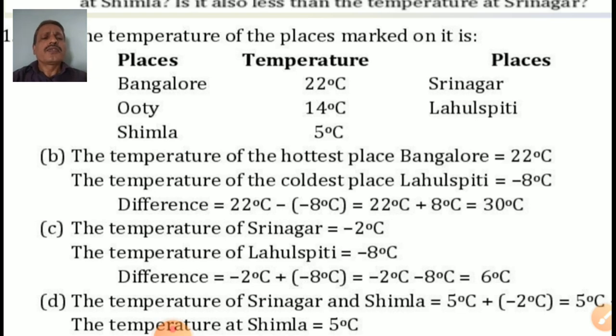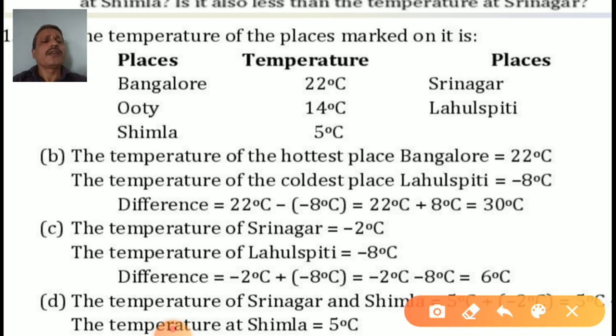What is the difference there? It will give a 6 degree temperature. Here it is the plus sign, not a minus sign, because it is shown as minus into minus, and that gives us a plus.